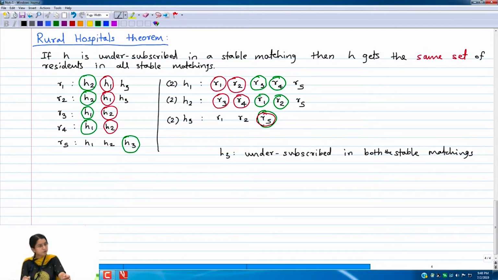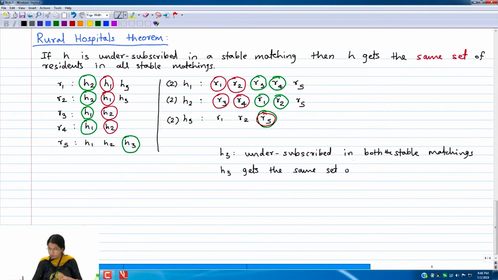Is the same statement true for full hospitals? No, right? Because here we see that in one of the stable matchings, H1 gets R1, R2. In another stable matching, H1 gets R3, R4. So certainly full hospitals can get different residents in the different stable matchings, but undersubscribed hospitals cannot. So H3 gets the same set of residents.